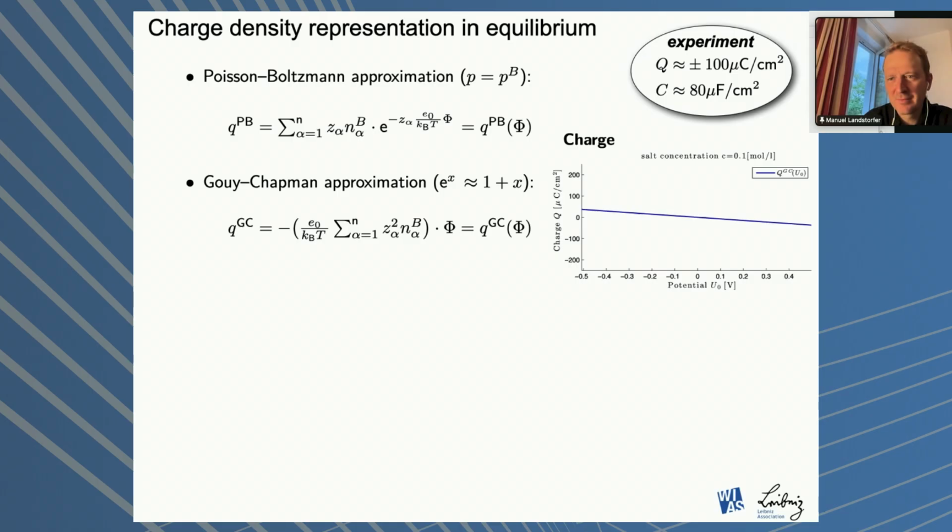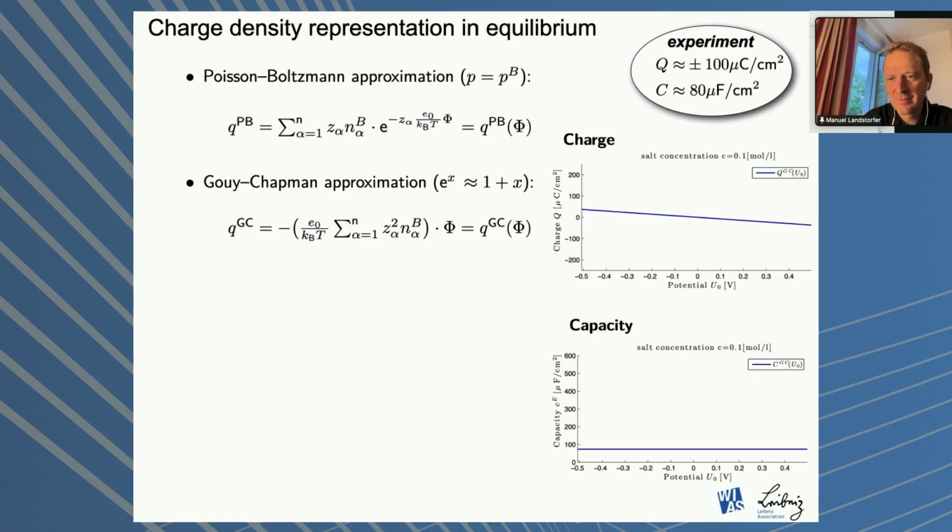For these two approximations, the capacity becomes a constant in the Gouy-Chapman approximation, or the interfacial charge a linear function, while for Poisson-Boltzmann you have for the capacity an unbounded hyperbolic cosine function, and both of these representations do have shortcomings with respect to the experimental data we find.